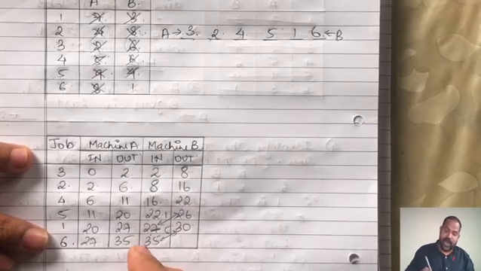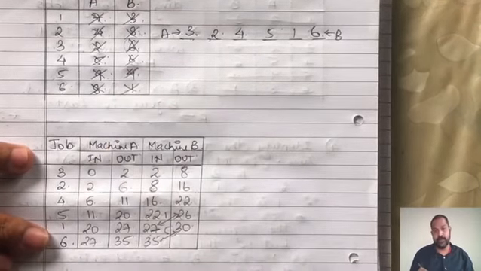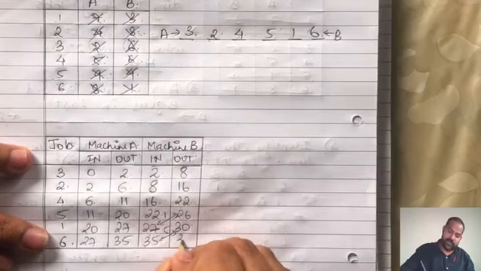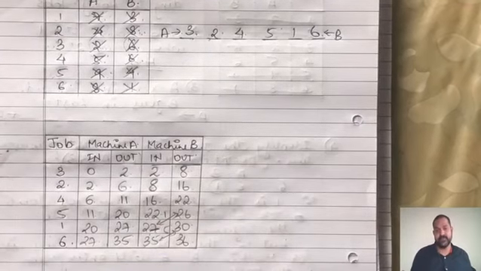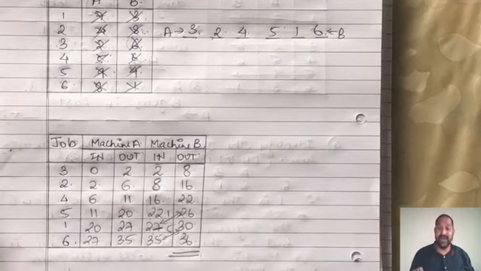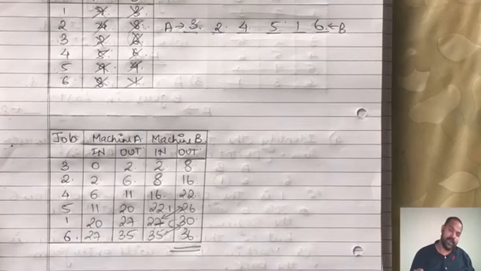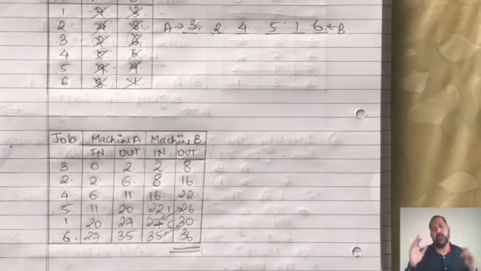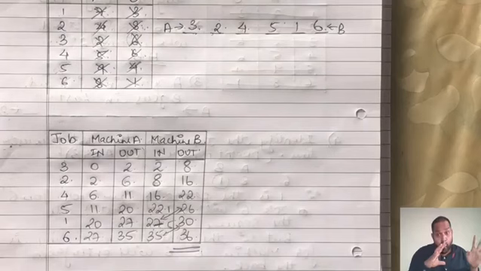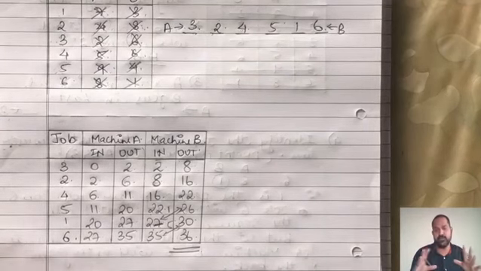At 35, I pick up 6. 6 on B takes 1 hour. 35 plus 1 is 36. And this 36 is your total elapsed time. What do you mean by total elapsed time? It's basically the total time required for both the machines to finish processing all the jobs.